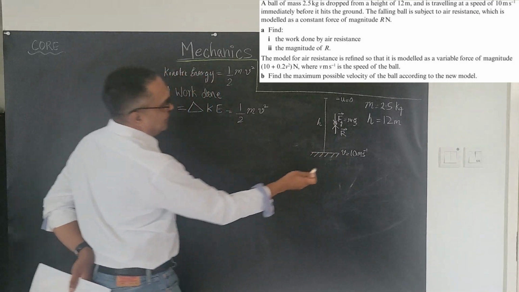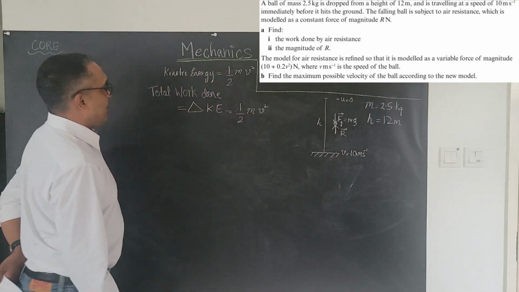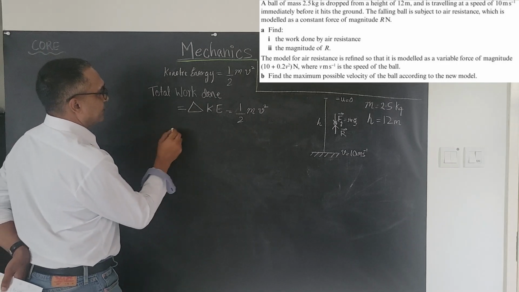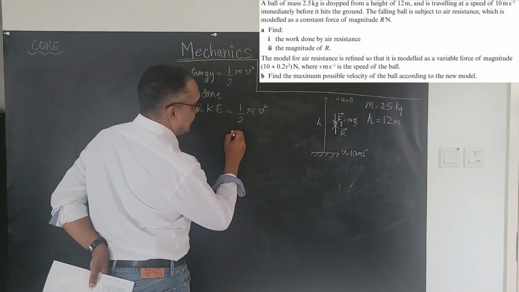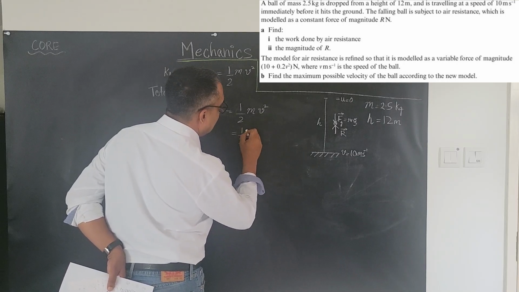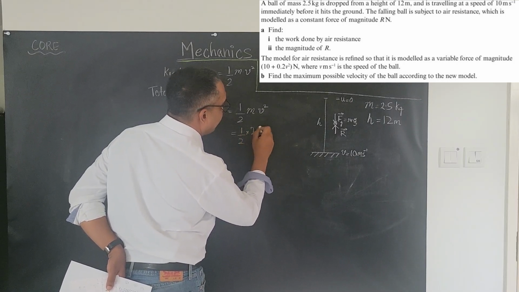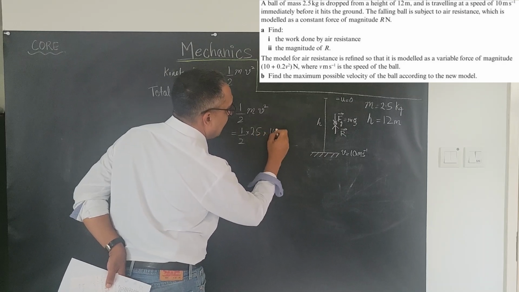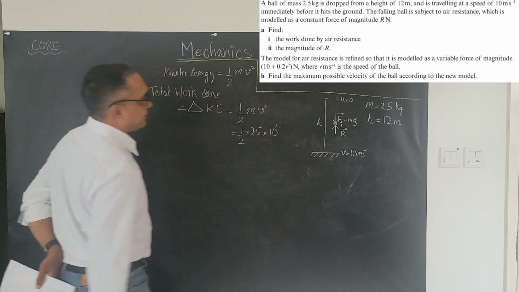So if I know the work done here, I know the net force here. So I'm going to say this is equal to 1/2 times 2.5 times 10 squared.